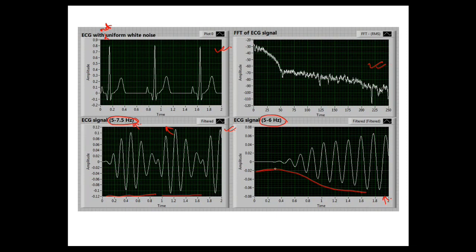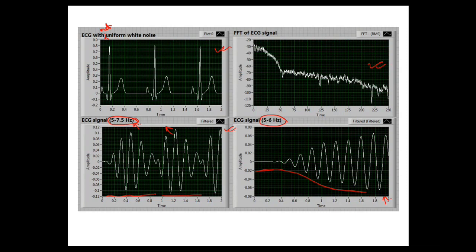Now this distortion is due to the fact that when you apply a filter, it needs some time to get stabilized. Okay, so during that stabilization process, you may get a non-sinusoidal signal.